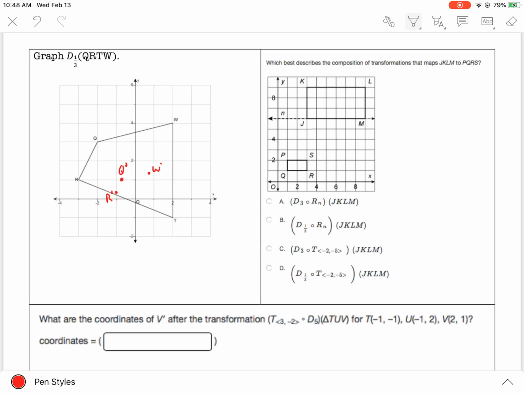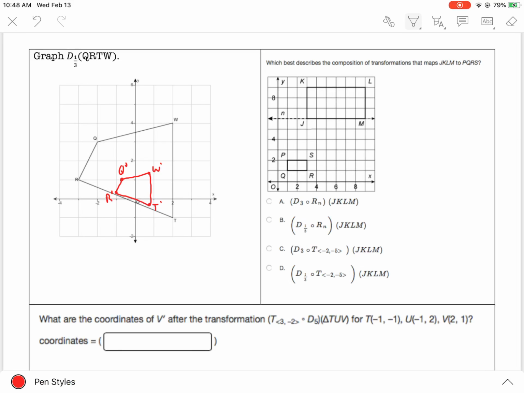And T is over 2 down 1, so it'll be over 2/3 down 1/3. That is T prime, and you got yourself a little version of the big shape. Kind of cool.